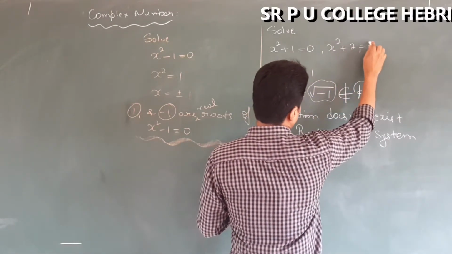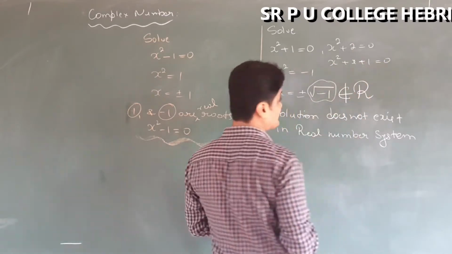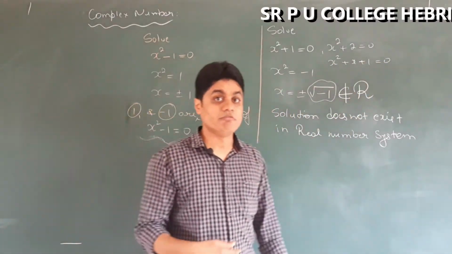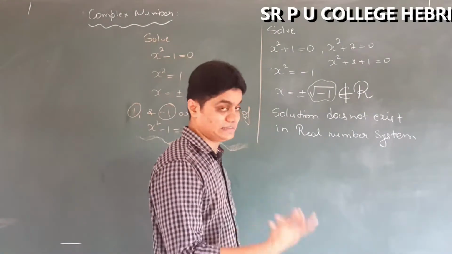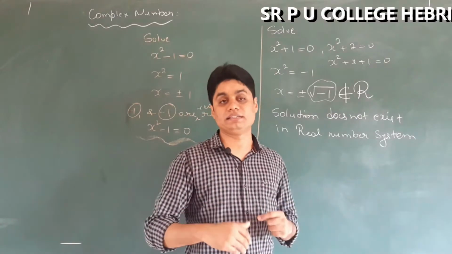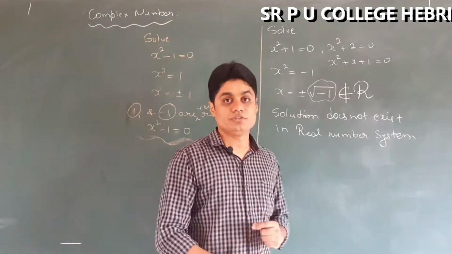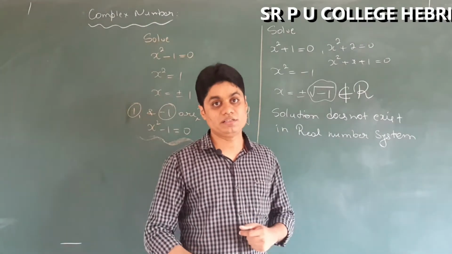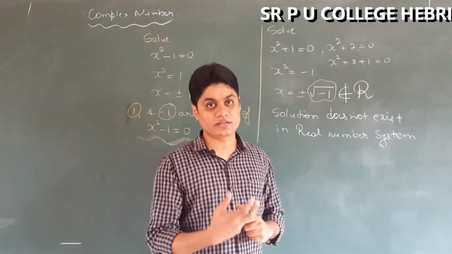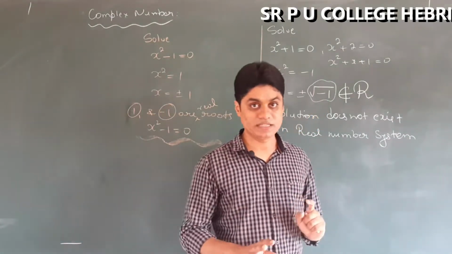All these equations have the same problem. There are infinitely many quadratic equations where you will get roots other than real numbers. After defining what a complex number is, you can understand what I mean by the complex number system.